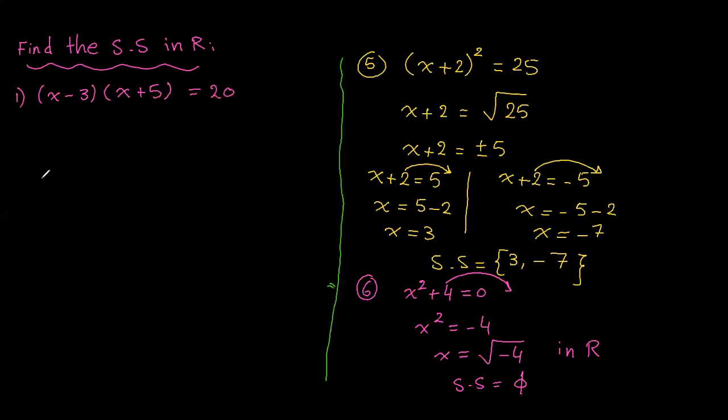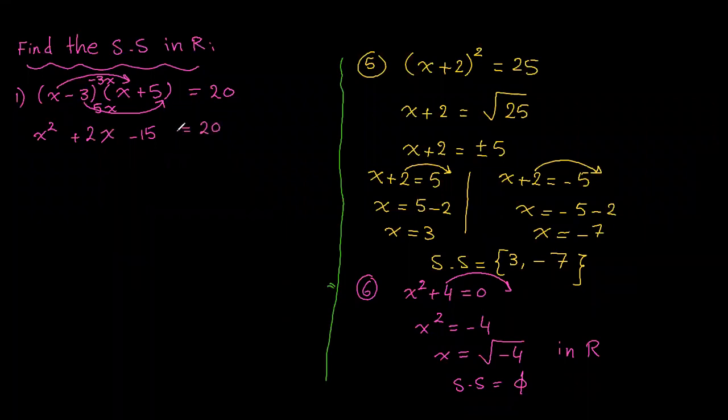In this example, we want to put the equation in standard form. Multiplying first with first gives x^2, and multiplying negative 3 by 5 gives negative 15. The middle terms are negative 3x and 5x, and their sum is positive 2x, so the equation is x^2 + 2x - 15 = 20.